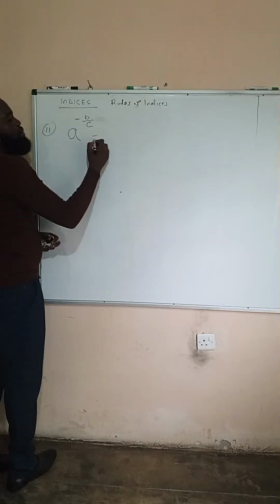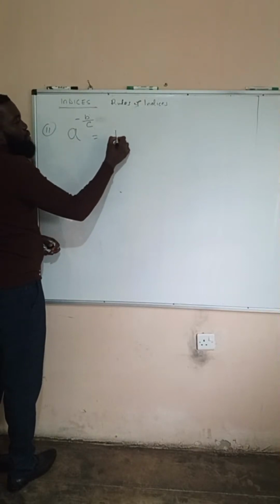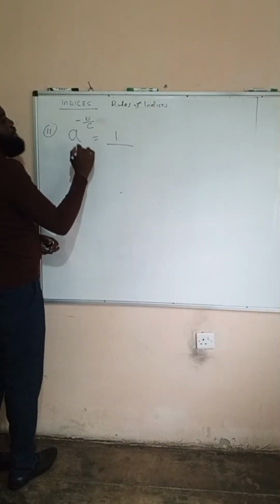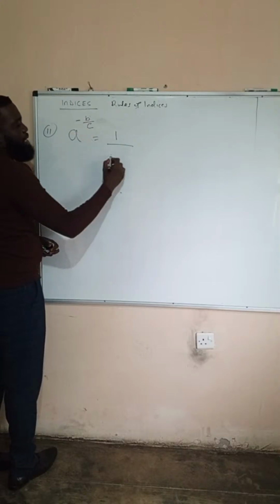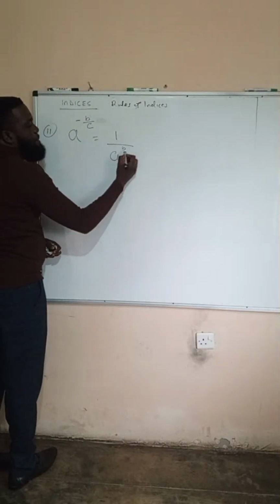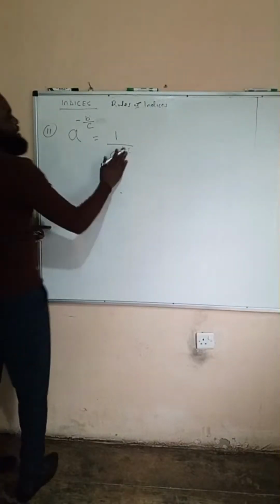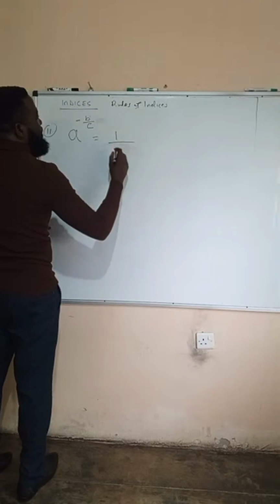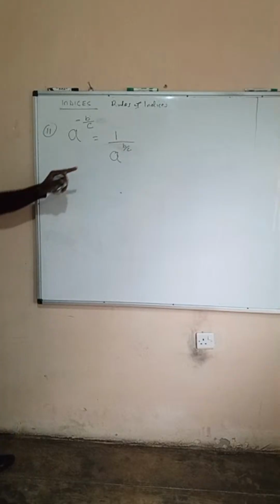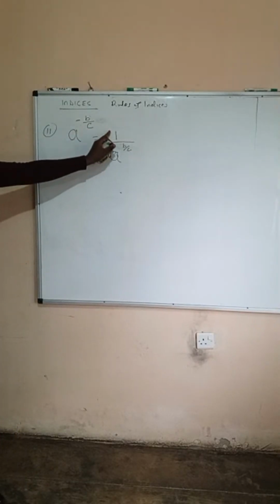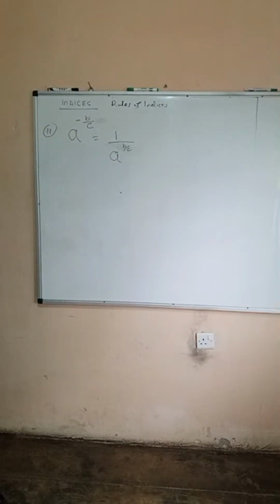Now, when it has got a negative, the first thing that you do is you introduce one on top. Then you say over. This, you bring down the way it is, but the negative will disappear. So it will be a to the power b over c. You disappear the negative by dividing by 1. This is a power. When you introduce one on top, the negative will disappear. This whole thing comes down.